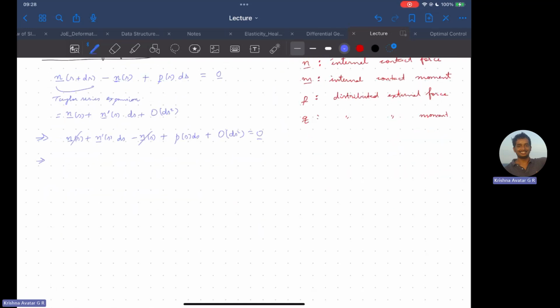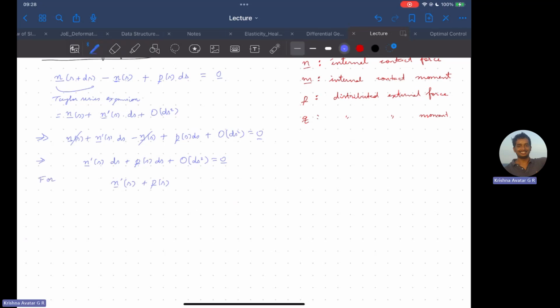And you recall that this cancels out, so then we can divide throughout by ds to get n vector prime plus p of s equals zero.